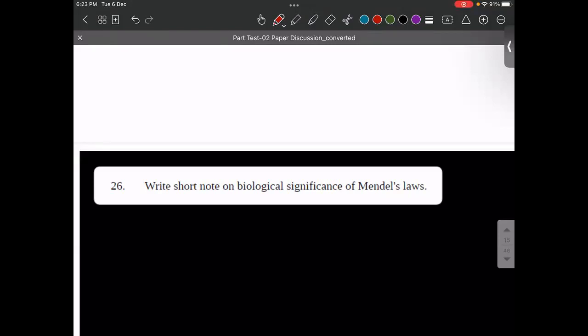Significance depends upon Mendel's experiments. They gave us the rules of inheritance. If we understand the principles of inheritance, it is easy for us to know how dominant characters are inherited and how to select a pure line with a dominant character.